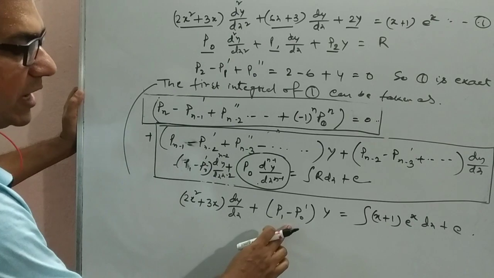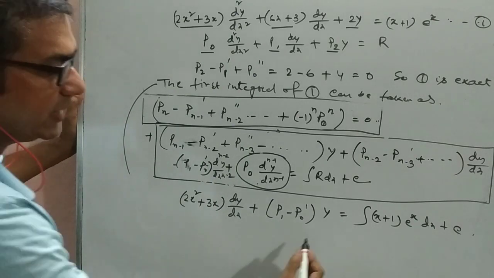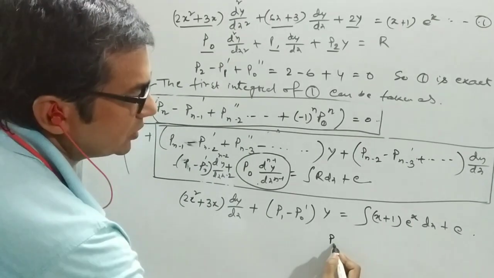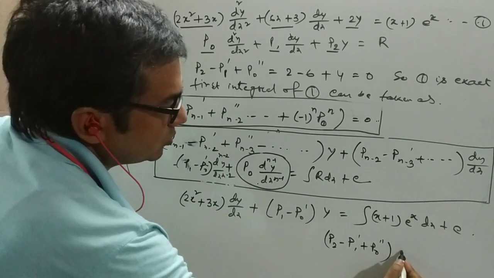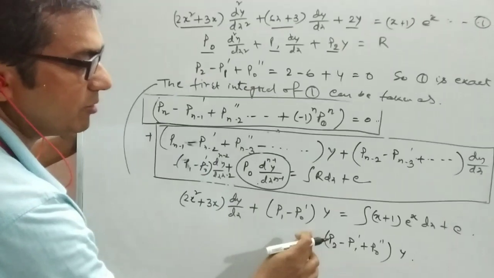And if there be a third term, then here P2 minus P1 dash plus P0 double dash into y, and here be dy by dx then.